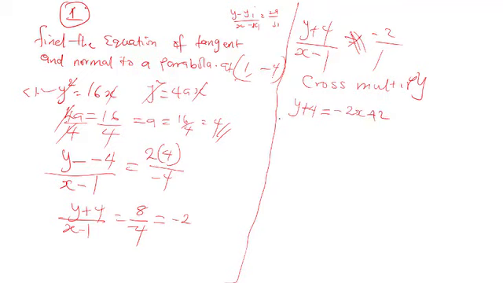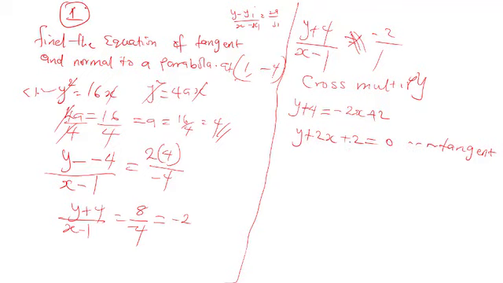Therefore our equation becomes y plus 2x plus 2 equals 0. Now this is the equation of tangent to this curve.